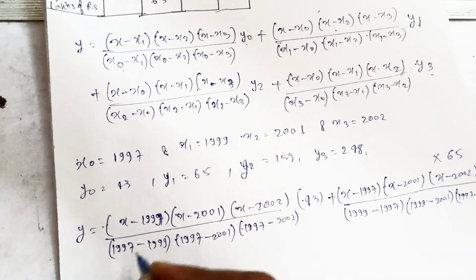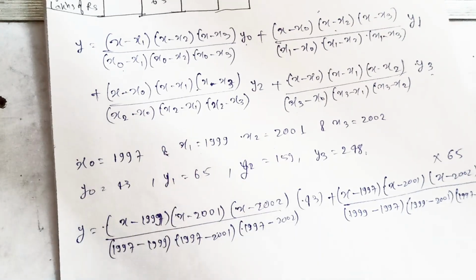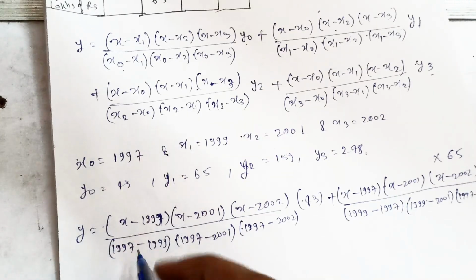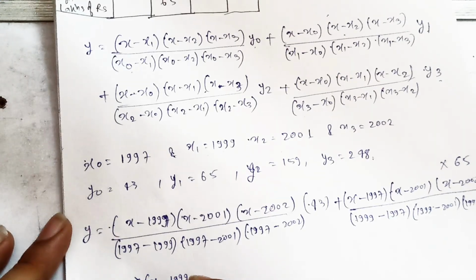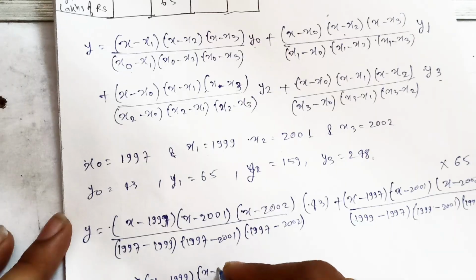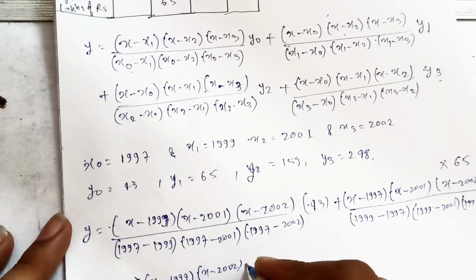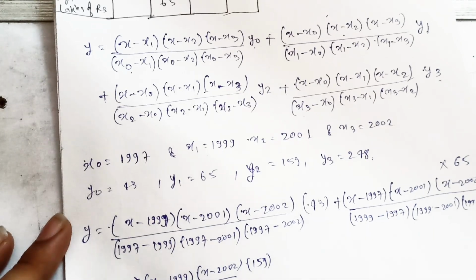Another term is x minus x naught, 1997, and x minus x1, 1999, and x minus x3, 2002, with y2 being 159.